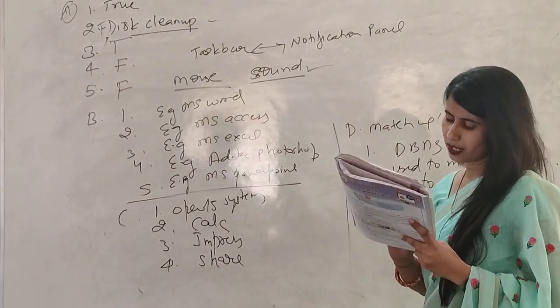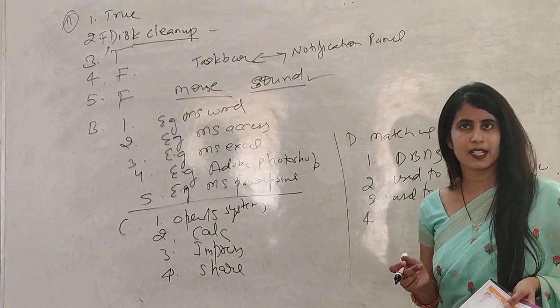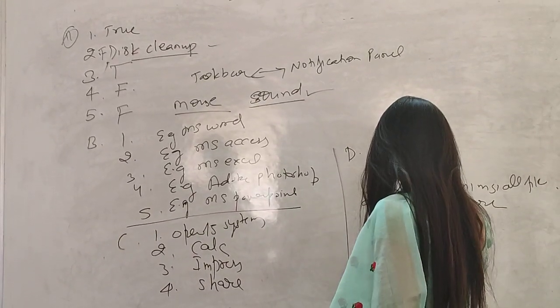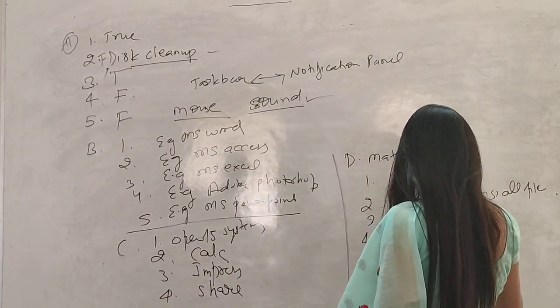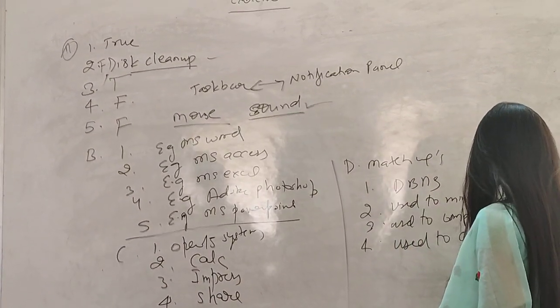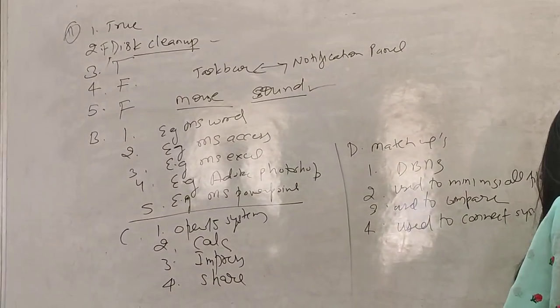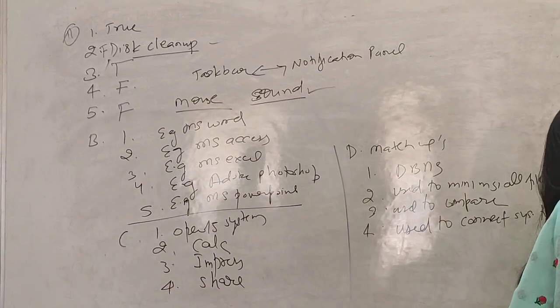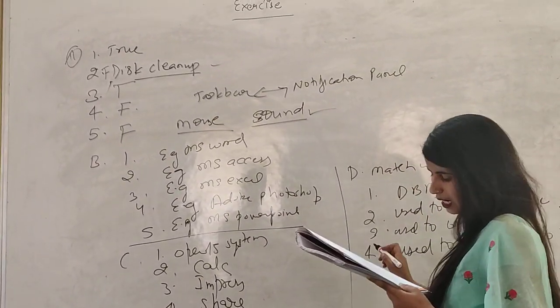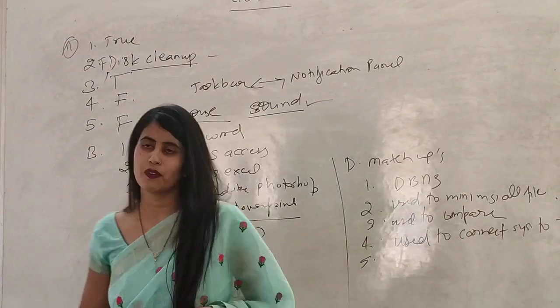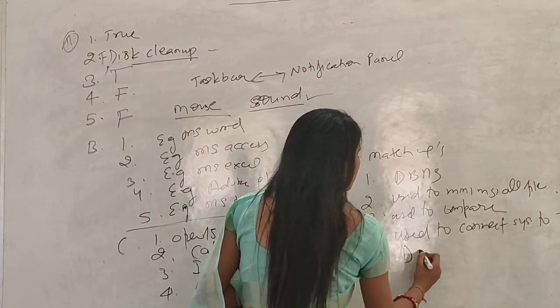Fourth one, communication tab. They are used to connect the system to a telephone line. And the last one is Adobe Photoshop. You know very well that it is DTP software.